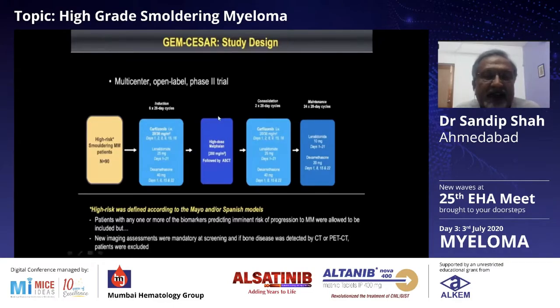cure these patients. A phase 2 trial combination of carfilzomib, dexamethasone and lenalidomide is given, followed by autologous transplant and again consolidation therapy with carfilzomib, lenalidomide and dexamethasone. And then maintenance therapy is given.